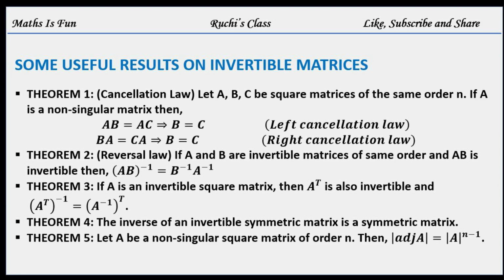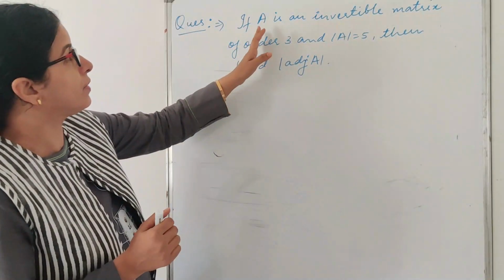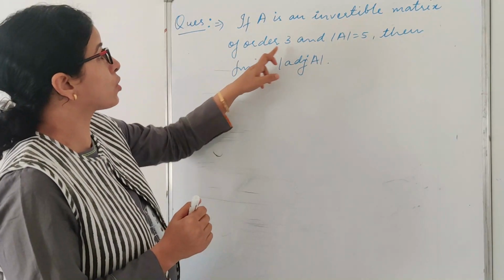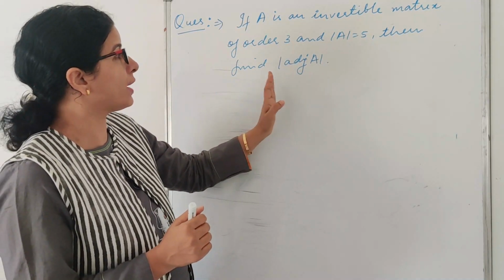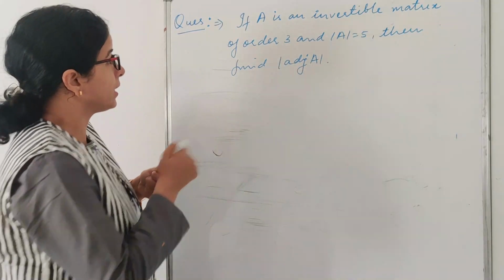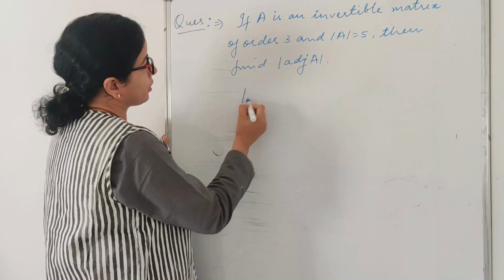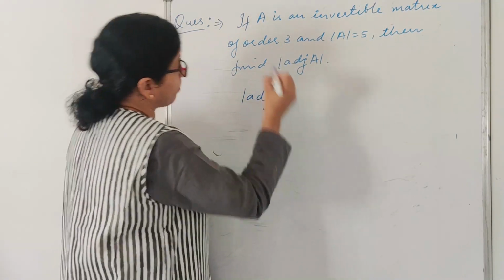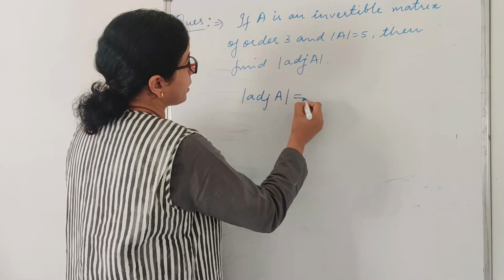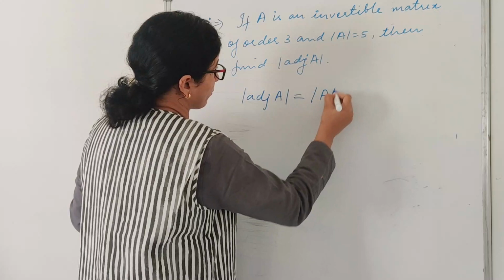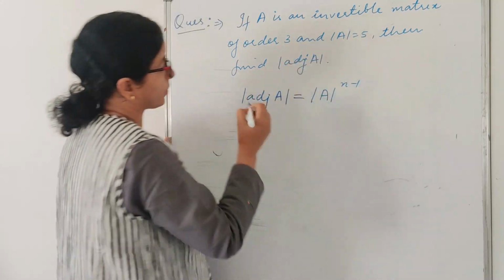Let us see one example on this. We have been given A as an invertible matrix, its order is 3 and determinant of A is 5. We have to find the determinant of adjoint A. Just now I told you in the property, if I have a matrix of order n, then how do we find determinant of adjoint A? Determinant of A to the power n minus 1, right?